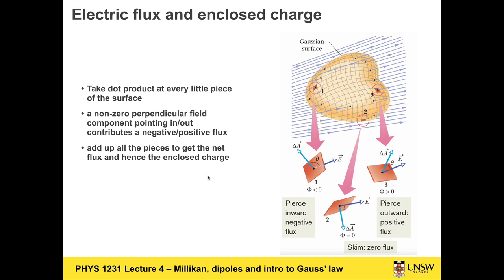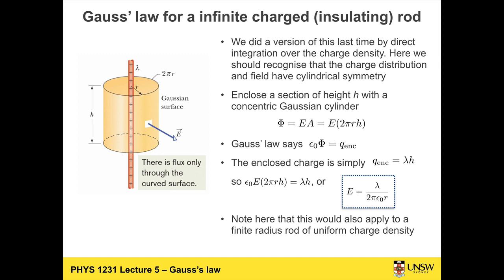Well, in general, when solving problems, we use Gauss's law for very symmetrical situations where, due to the symmetry of the problem, we can quite easily work out the flux. That's when Gauss's law is useful to us, if you remember.